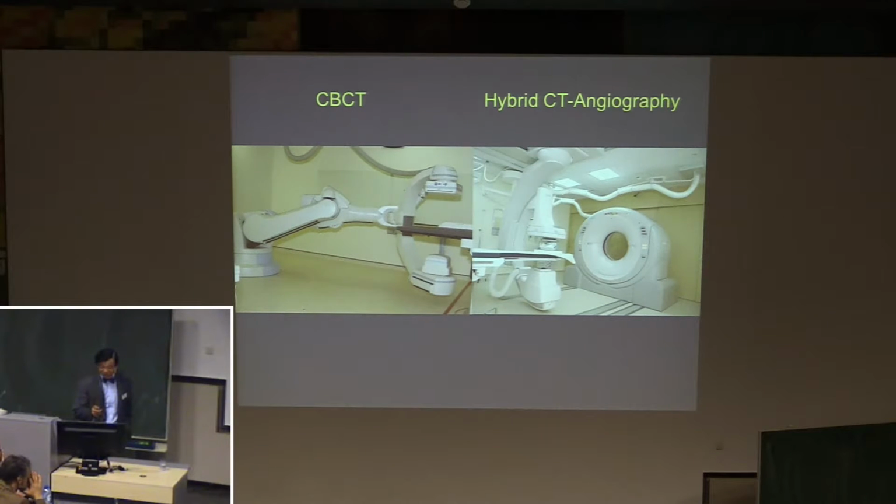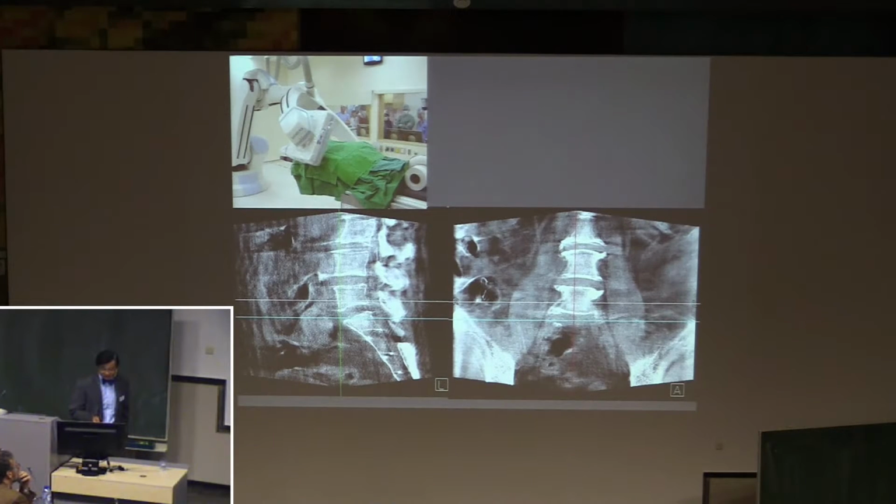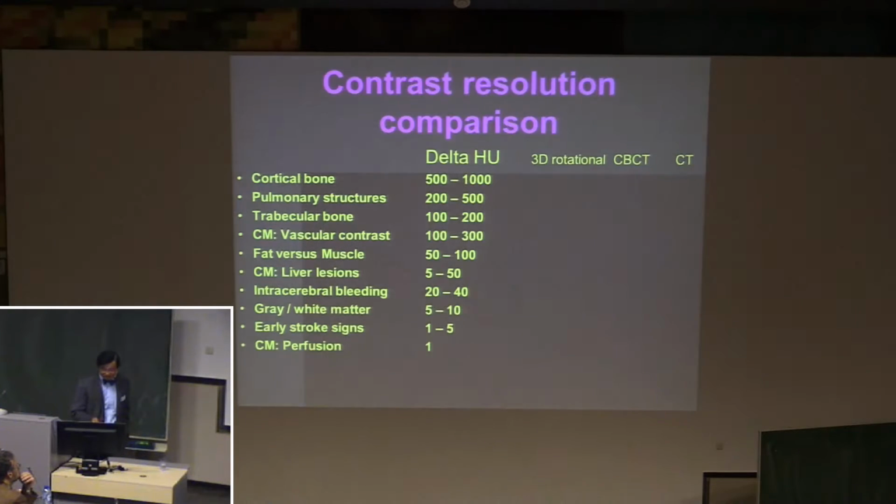So, as is shown, we have the benefit of working with both modalities in our center. That's the hybrid CT room. This is one of the interventional units that is capable of performing Conebeam CT. This is the workstation taking 16 seconds to reconstruct the images, and I won't dwell on the cross-sectional images that can be achieved.